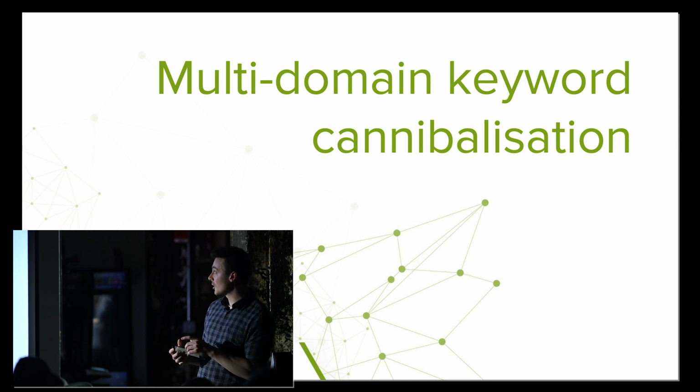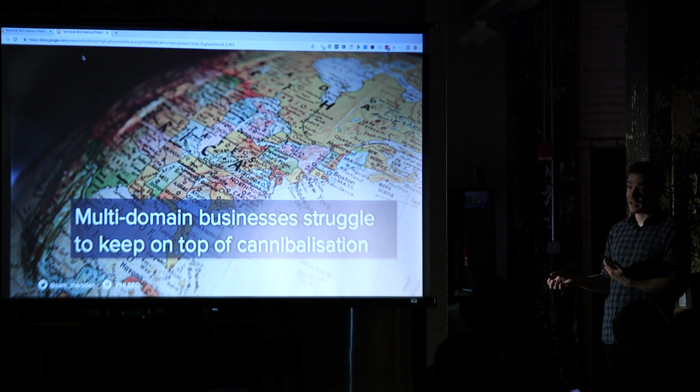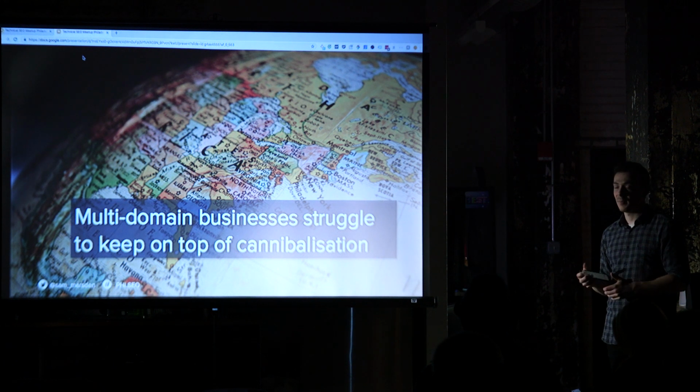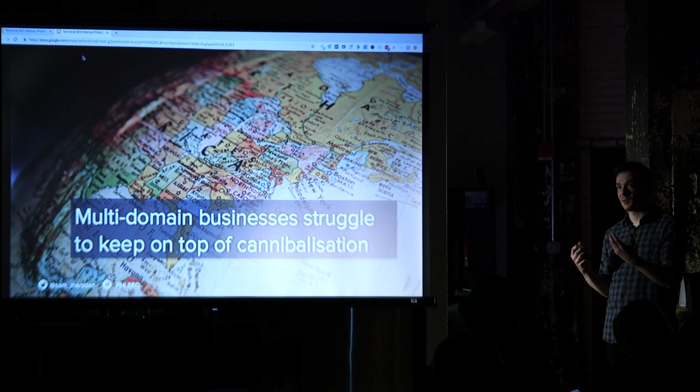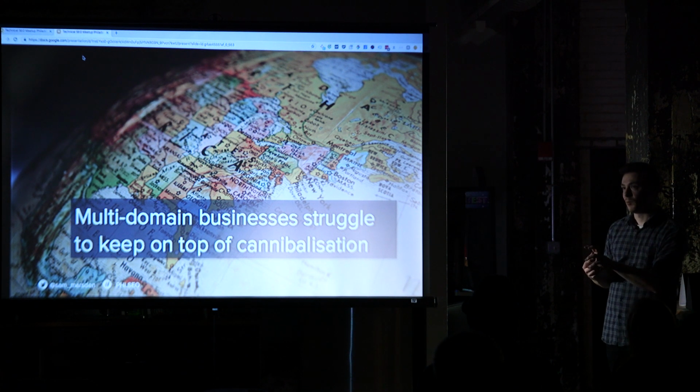Okay, so another dashboard is the multi-domain keyword cannibalization dashboard. It's quite a mouthful, but it's actually really useful for particularly large international businesses. For businesses that have many domains where the business interests overlap, they might be ranking for the same queries.